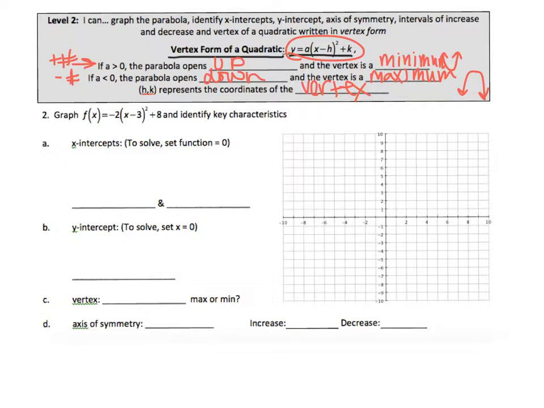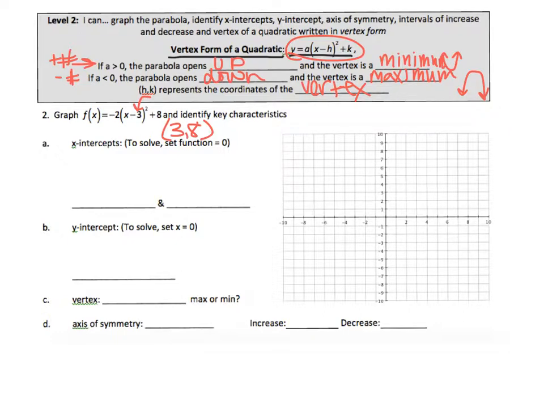So in this function, h is going to be 3, but not negative 3, just 3, and k is going to be 8. What sometimes helps kids is that when they look at this equation, they think h is the opposite of the number that's inside, meaning if that's a minus 3, h is going to be positive 3. If it's positive 3 on the inside, it's going to be a negative 3. So sometimes that has helped kids.